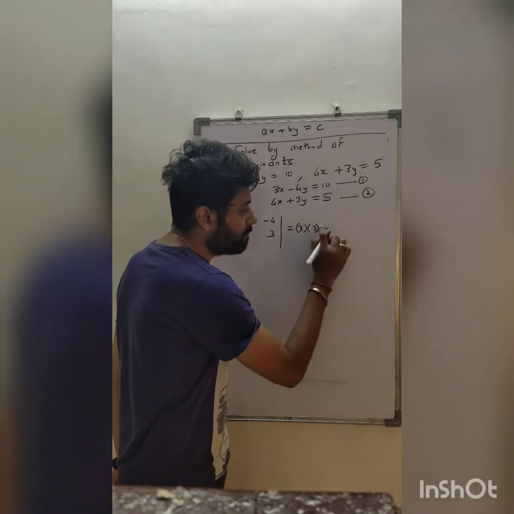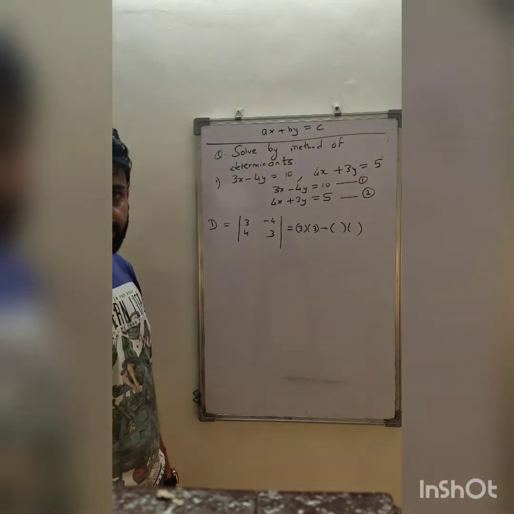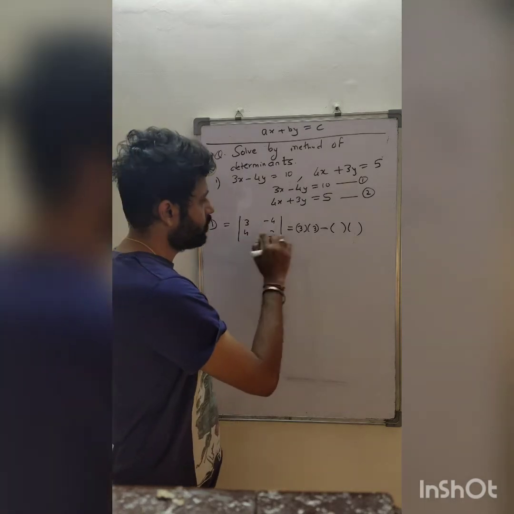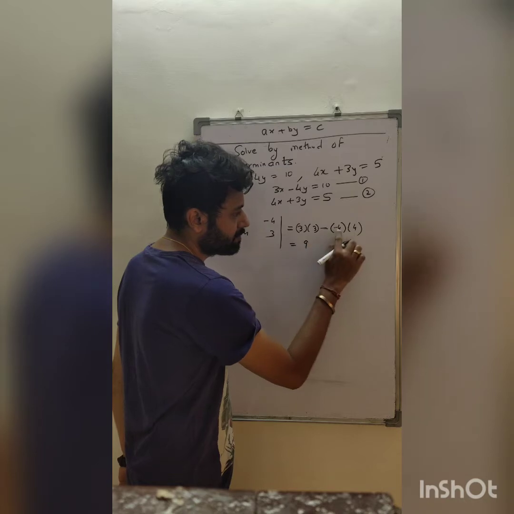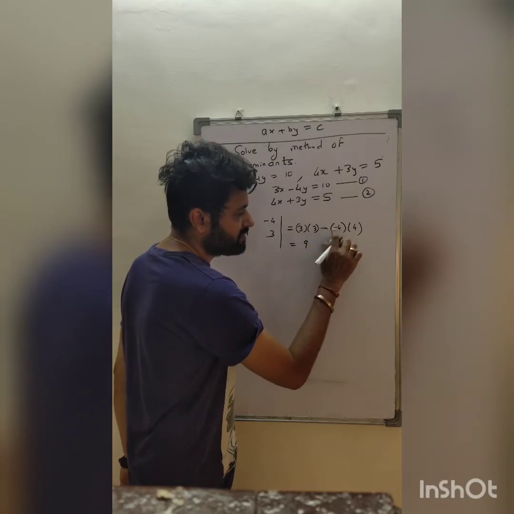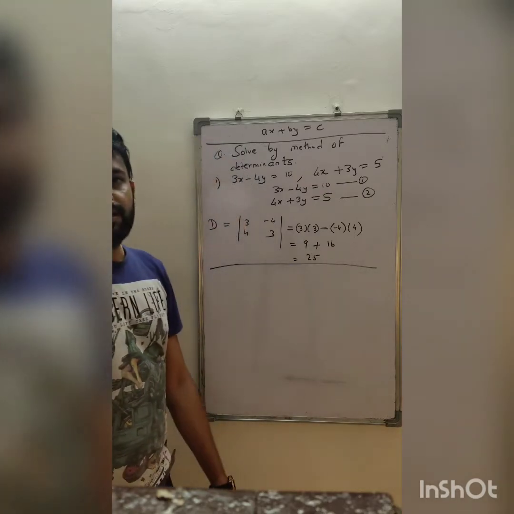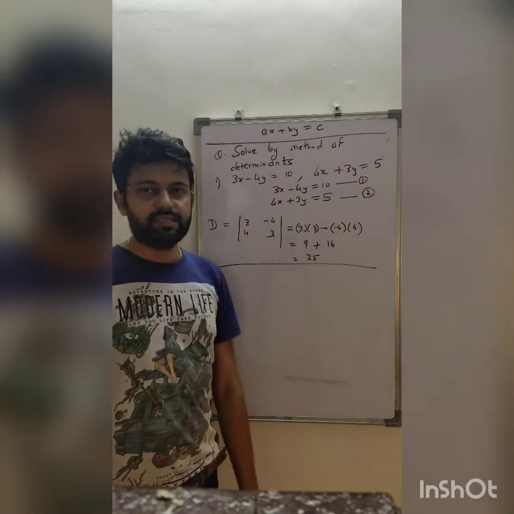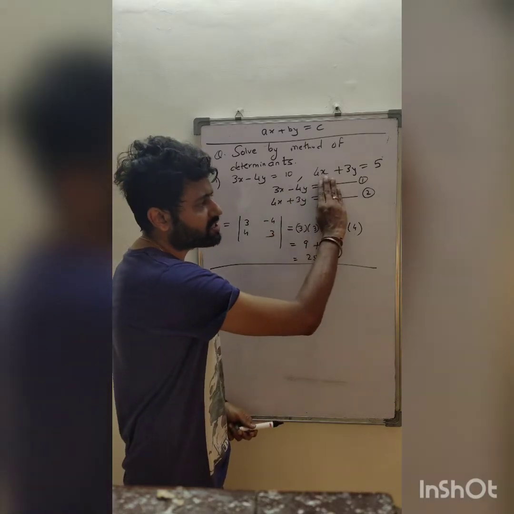Compulsory minus, remember, compulsory minus, and again two numbers will come. Minus 4 and 4. 3 3s are 9, 4 4s are 16, minus into minus is plus, answer is 25. This is determinant D.